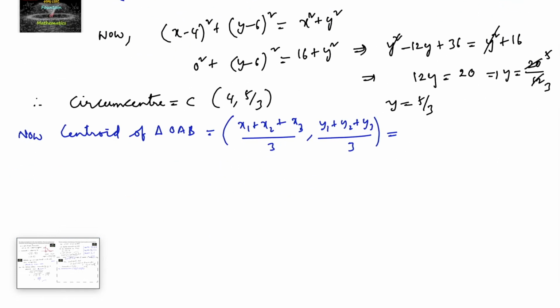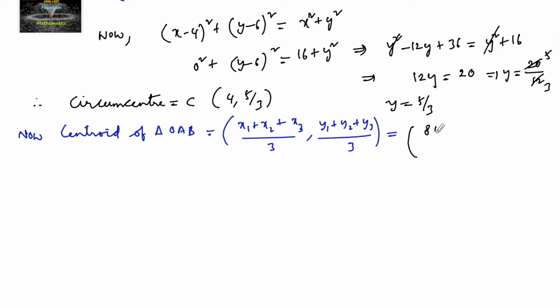So x coordinates are 8 plus 4 plus 0 upon 3, comma y coordinates are 0 plus 6 plus 0 upon 3. So we have centroid. Let us consider G is equal to 8 plus 4, 12 upon 3, that's 4, and 6 upon 3, it is 2. So we got centroid (4, 2).